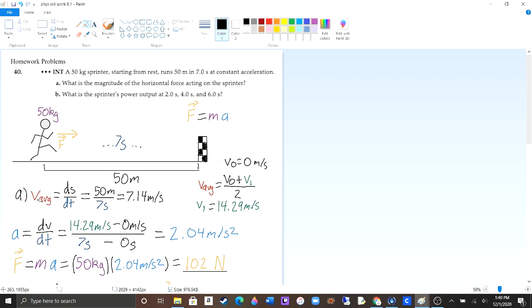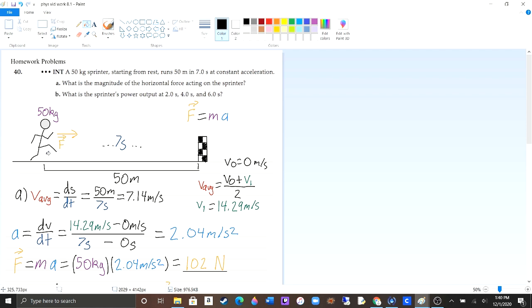So to find our average velocity, all we have to do is divide the distance by the amount of time that it takes. And we get 7.14 meters per second. So that is our average velocity. And since it's at constant acceleration, we know that that is going to be the halfway point between the two values.